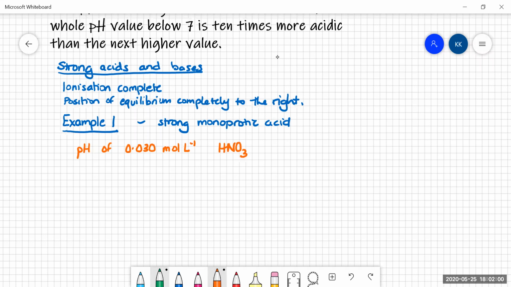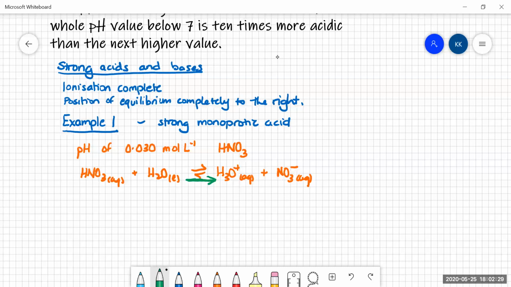When we write the ionization equation for nitric acid, we would normally write with an equilibrium arrow. However, in this case, we are going to assume that that is all the way over to the right, so that we have completely converted the HNO3 and the H2O into H3O+ and NO3-.